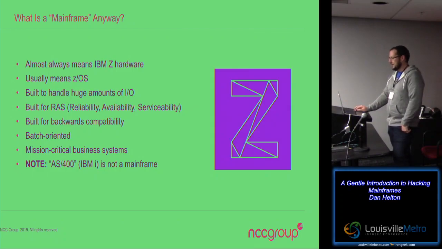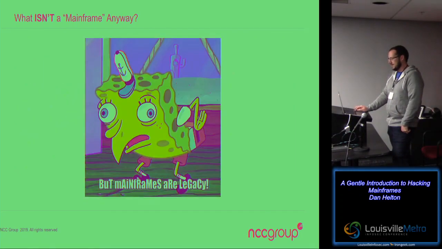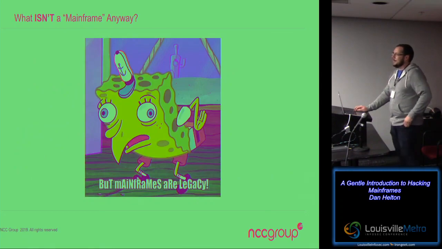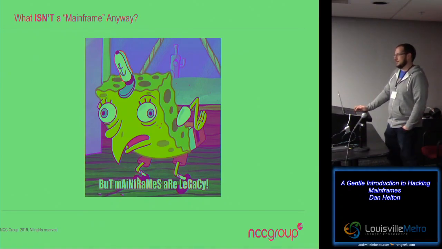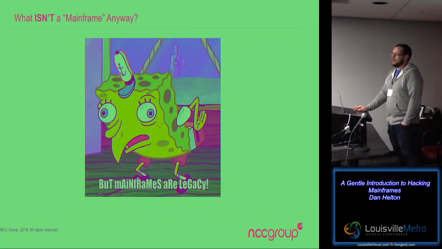The biggest thing you hear when you tell people about hacking mainframes is, mainframes are legacy, right? Why do I worry about mainframes? They're going to get retired next year, right? The thing is, in the 90s, mainframes really got hit hard in the market when cheap Windows, Unix, and Linux servers started eating their market share.